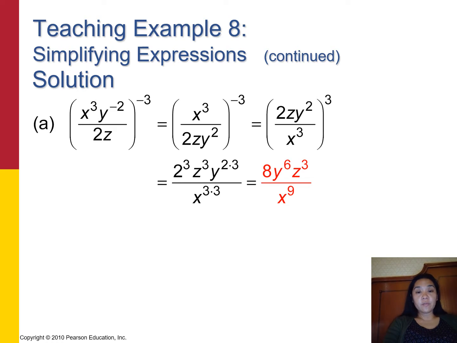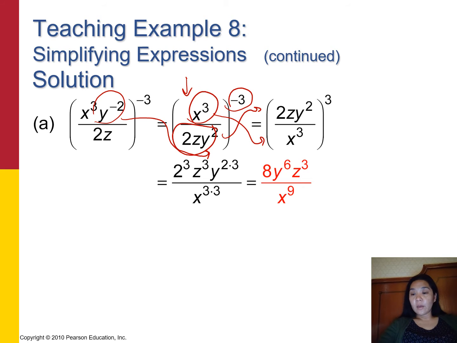Notice we flipped this around, right, and brought this to the bottom. Okay, and then notice this is a trick. This is minus 3, right? And so we're going to take the reciprocal of everything inside here. So this goes on top and this goes on bottom. Now, if you didn't want to do that, okay, you don't have to.